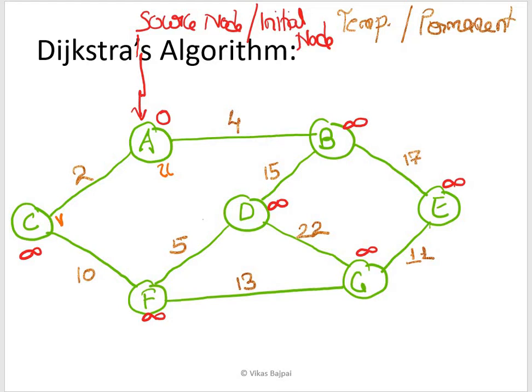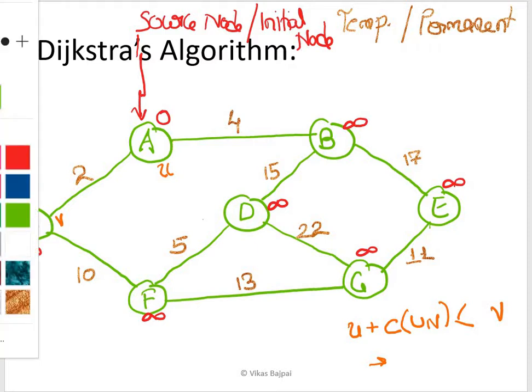So how the updation takes place is, if U plus the cost to reach V from U is lesser than this V, which is infinity at this moment, then we replace this particular value. So let's see in this example how we are going to proceed.